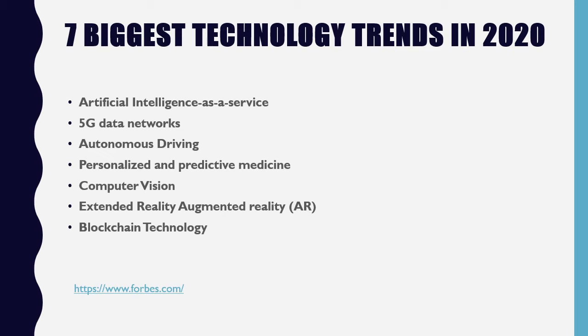So artificial intelligence as a service is a platform where the artificial intelligence, the pattern, the brain, the mimicking, everything is on your server, and the server provides an artificial intelligence service.